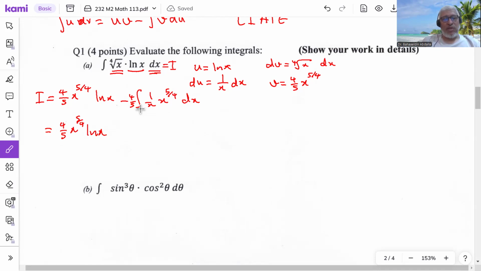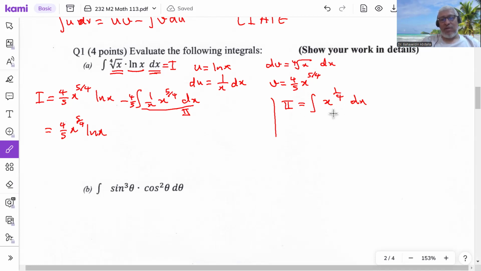Well, I'll call this integral double I, and I'll find it here. So double I is the integral of x to the power 1 over 4 dx, because this is 5 over 4 minus 1. So it is the same as dv.